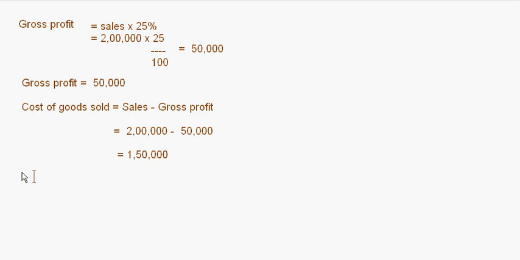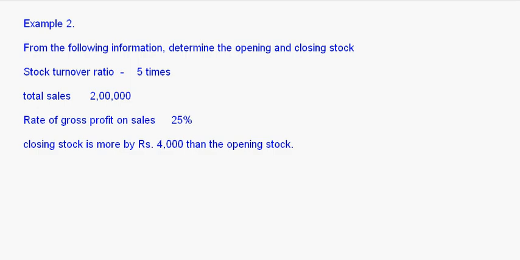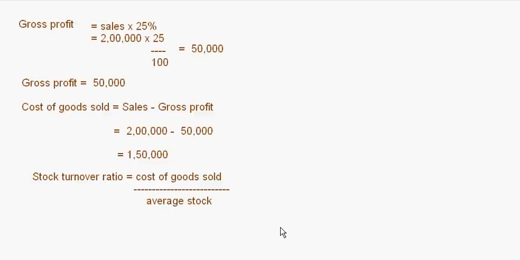Okay. Now I am going to apply the formula of stock turnover ratio is equal to cost of goods sold upon average stock. Right. Now in this question they have given the stock turnover ratio as 5 times. So let's apply that here.